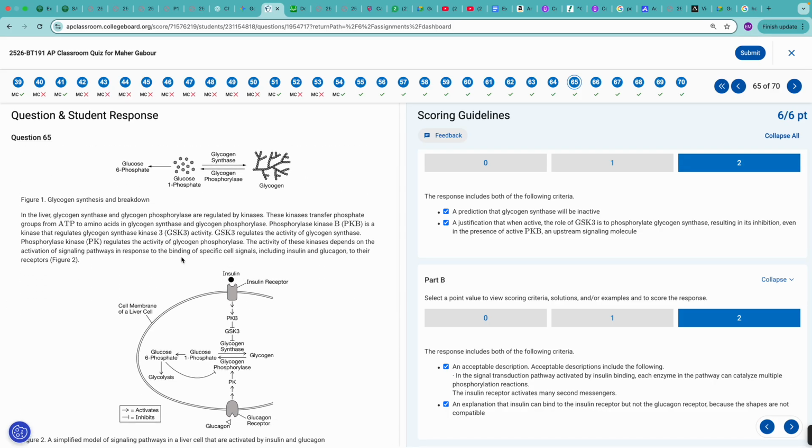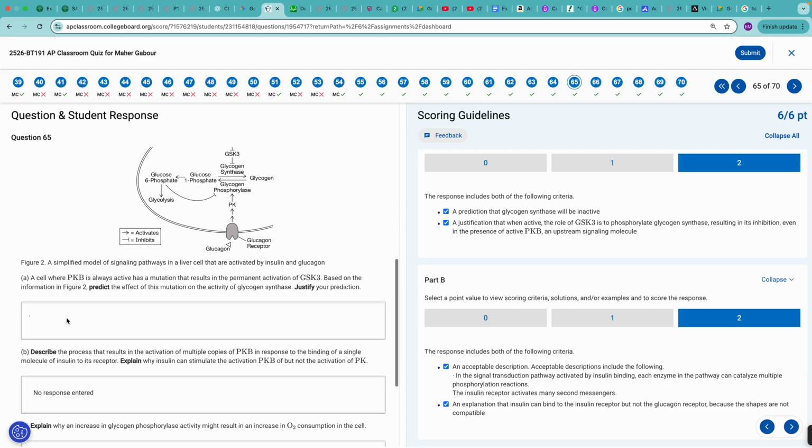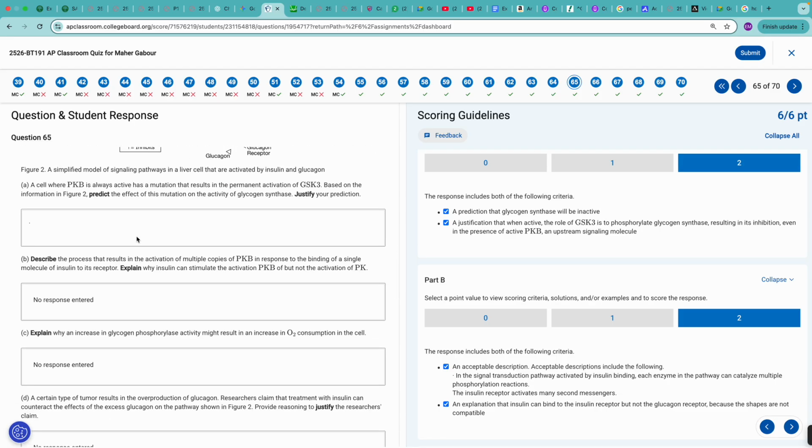How is the insulin going to activate PK if PK is activated by the glucagon receptor and not the insulin receptor? It won't work, because they have different shapes. So the explanation is that insulin can bind to the insulin receptor but not the glucagon receptor because the shapes are not compatible.